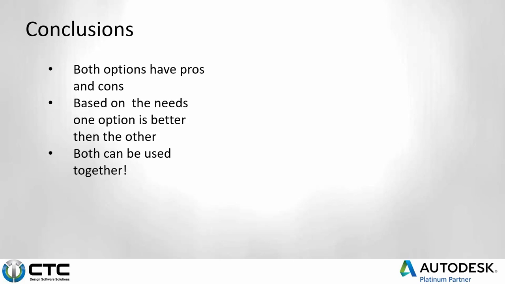If you have multiple things that need to go into one element, nested families is a good idea. But if it's like an assembly within a project, that would be more of a group versus nested families. So you do have some pros and cons there.